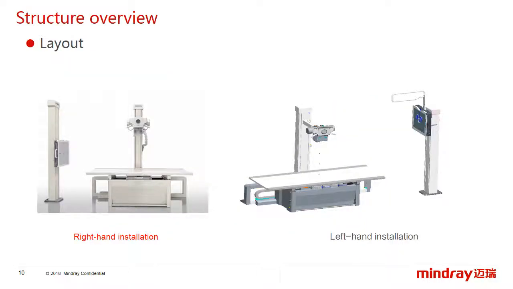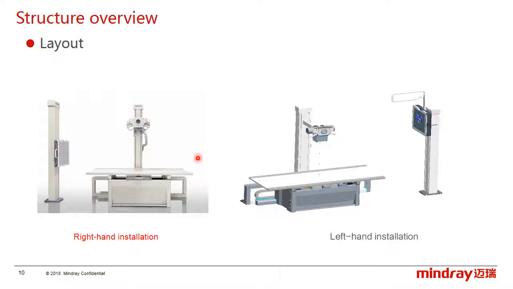280 has two different layouts: the right-hand installation and the left-hand installation. Right-hand means that the workstand is located on the right side of the table, and left-hand installation means that the workstand is located on the left side of the patient table.